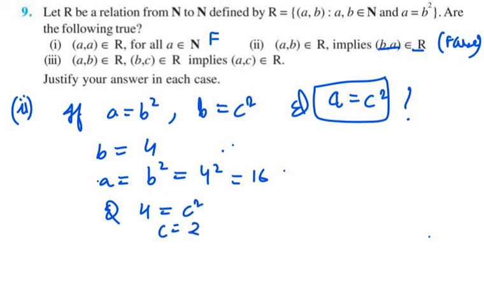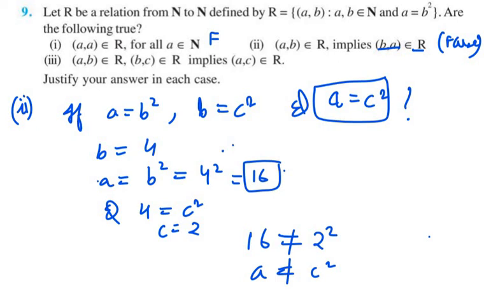Now you can see that 16, this part b square, is not equal to a. So 16 is not equal to 2 square. So a is not equal to c square. Now if a is not equal to c square, this implies that this is again a false statement.